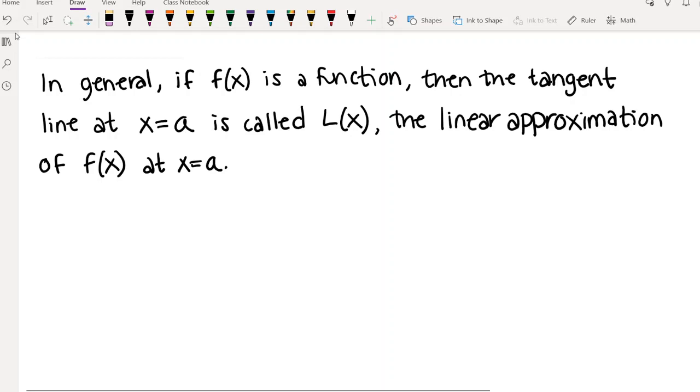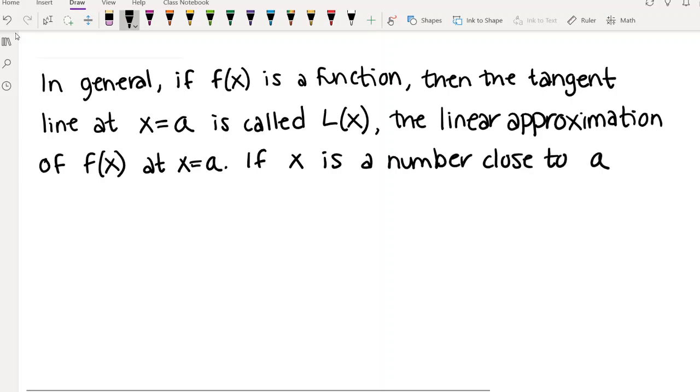So why is this useful? Well, because if x is a number close to, and it really matters that you're plugging in a number that is close to that special number you picked out.